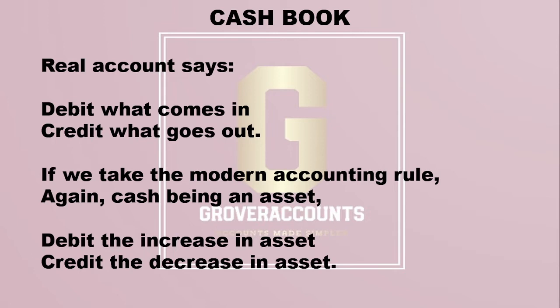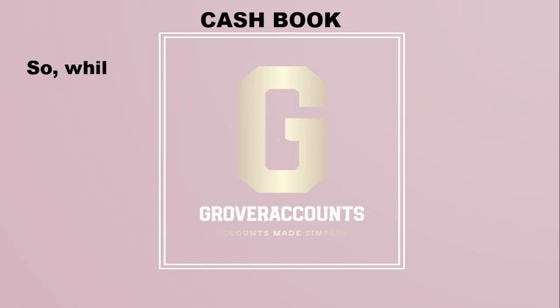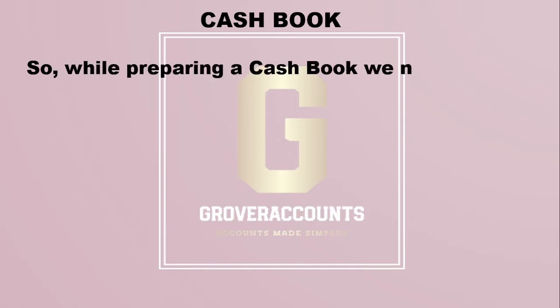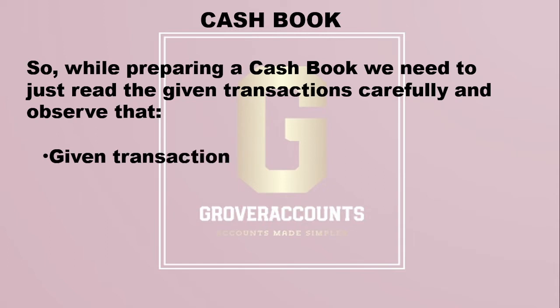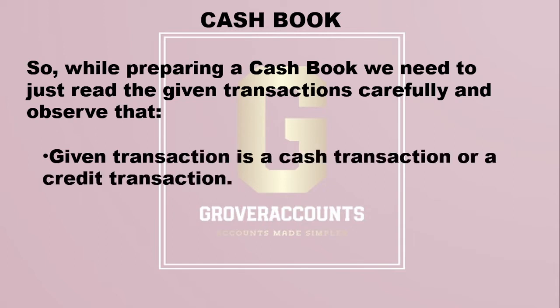Right, now how will we solve these transactions? Very simple. When we are going to prepare the cash book, we have to just read the transactions carefully. Why? Because we have to observe first of all whether the given transaction is a cash transaction or a credit transaction.